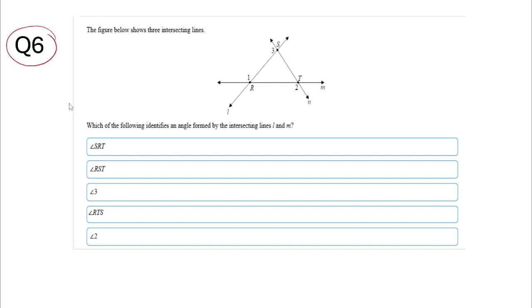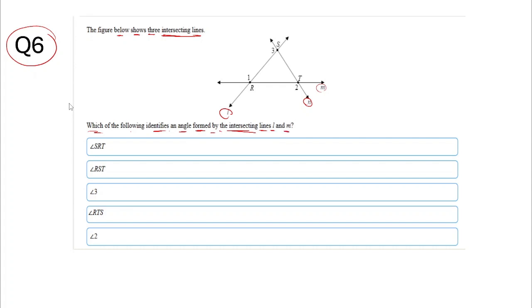Okay, question number 6. The figure below shows 3 intersecting lines. I have line L, this is the line L. I have line N and line M. 3 intersecting lines. Which of the following identifies an angle formed by the intersecting lines L and M?